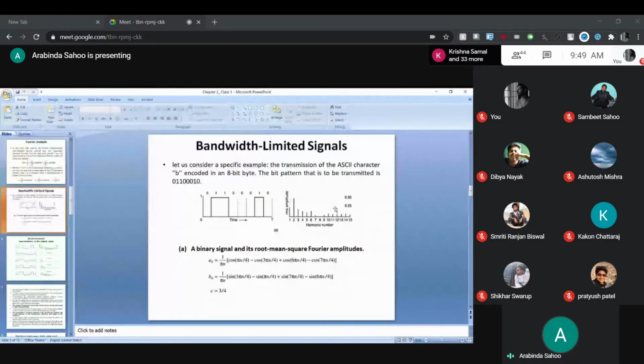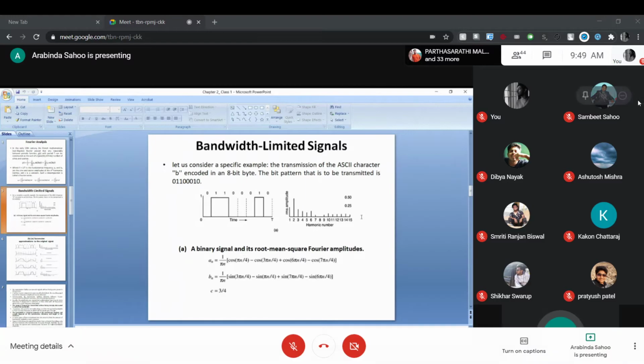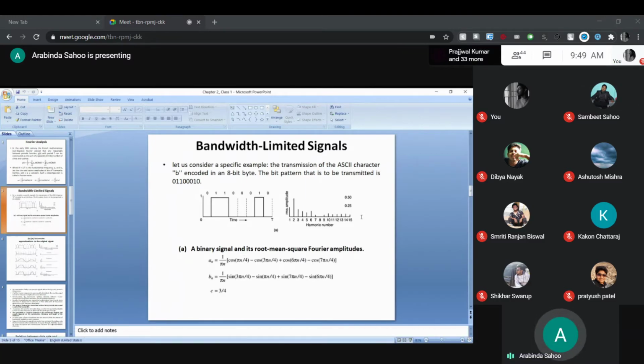If you pass any signal through an ideal physical medium, then at the receiving end you will get all the harmonics. That means the same characteristics of the original signal may be preserved.